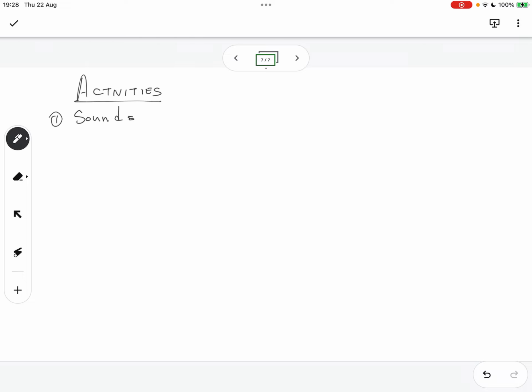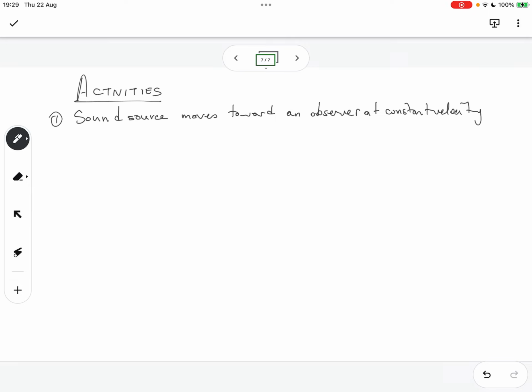A sound source moves toward an observer, and it's moving at a constant velocity. In an exam setting for, say, grade 12, you would come across this type of question.